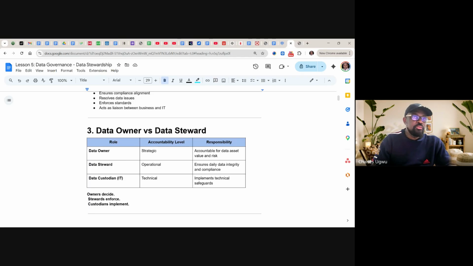Accountability is making sure that the data asset is of high value and that there is no risk around the data assets or data quality. You are accountable, meaning you make sure it's done.